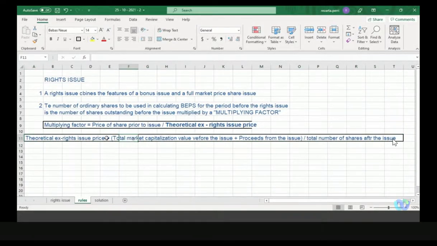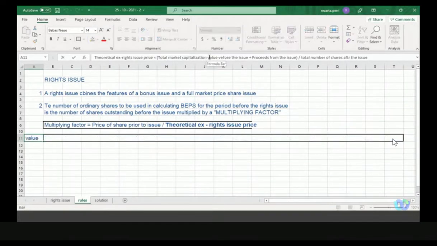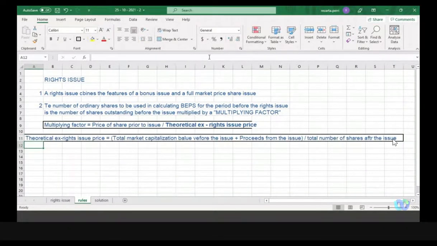But this theoretical ex-rights issue price will divide the total value of my shares, that is, how much the shares were worth before the issue. Total market capitalization before the issue is equal to the number of shares before the issue multiplied by the price in the market, plus proceeds from the rights issue itself.